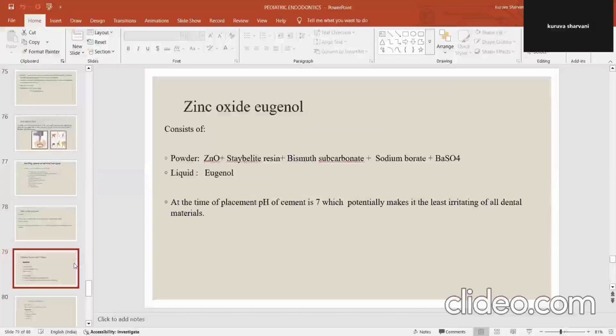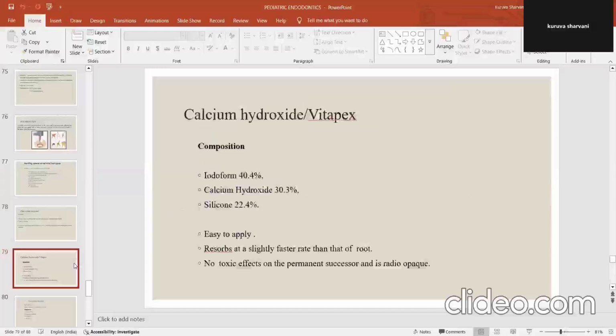There is no need of composition for calcium hydroxide, but the placement of calcium hydroxide is very easy. It is an oily material that cannot be removed easily from the root canal, but it resorbs rapidly, faster than the resorption rate of the root. So calcium hydroxide is mostly used in primary teeth, and in infection conditions where there is a swelling.